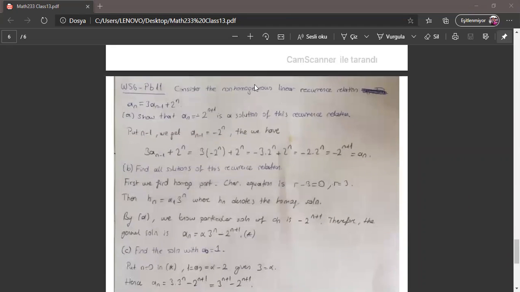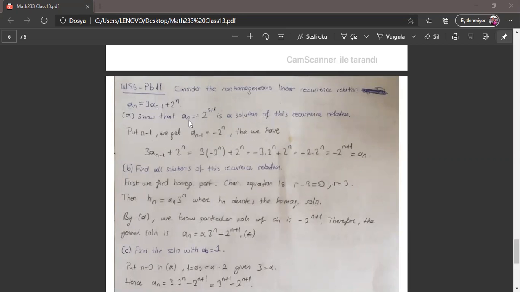Okay, this is the last question. So we will consider the non-homogeneous linear recurrence relation. Okay. Now, the first part says to try this to see if it's a solution. So when n minus 1, we have n minus 1.